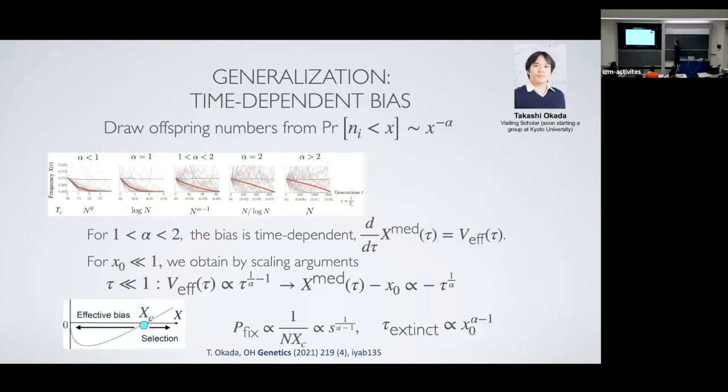One can also obtain scaling arguments for things like the fixation probability. And the basic picture here is that if you have some genuine selection that tries to amplify the mutant population, then it will be much weaker than the sampling bias as long as the frequency is smaller than some characteristic frequency, which one can determine, and that depends on the selective advantage.